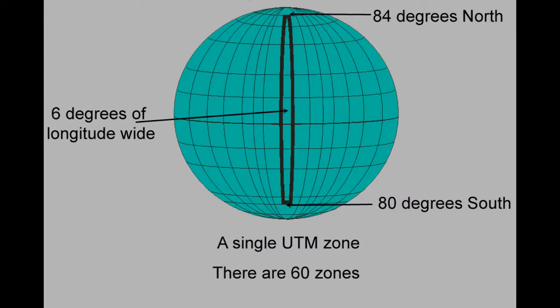So here we see the outline of a single UTM zone with its northern and southern boundaries indicated. Notice that it is 6 degrees of longitude wide. There are 60 such zones, so 6 degrees per zone times 60 zones equal 360 degrees all the way around the earth.